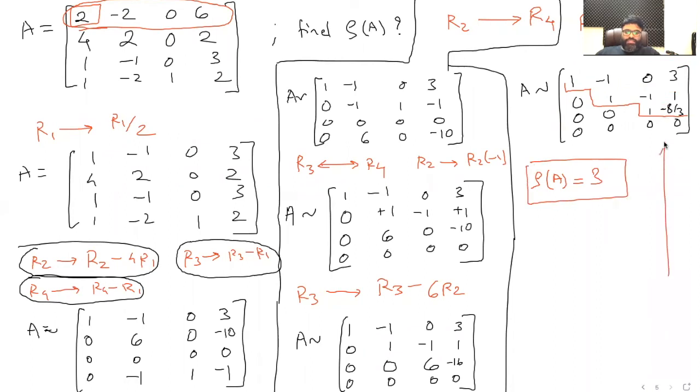This is called the echelon form. And very similarly, we can have a normal form also. In the normal form, we basically do the column operations and row operations together. Okay. So echelon form is what we are doing right now. It is usually row operations only.